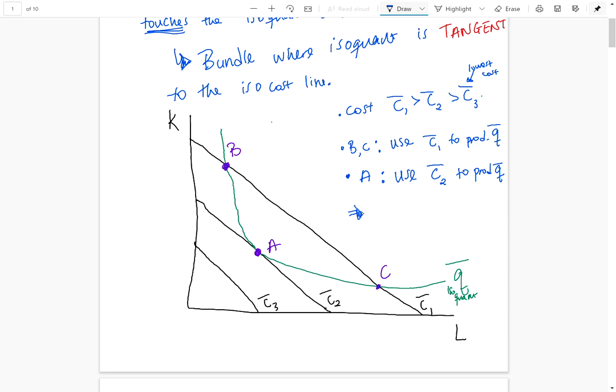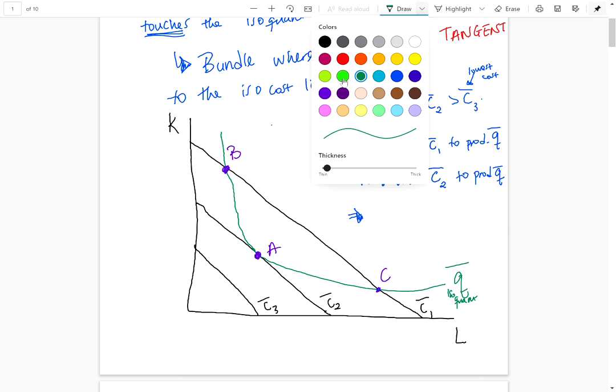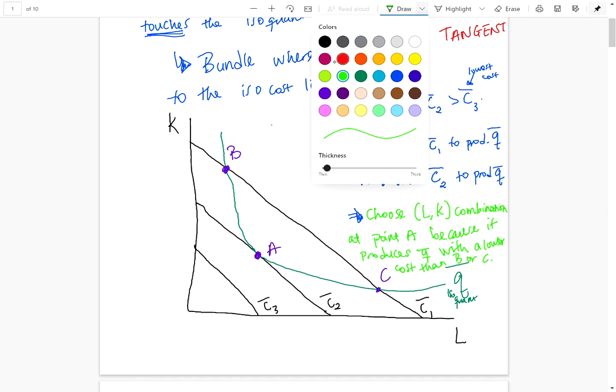So therefore, we are going to choose the L and K combo at point A, because it produces Q bar with a lower cost than B or C.